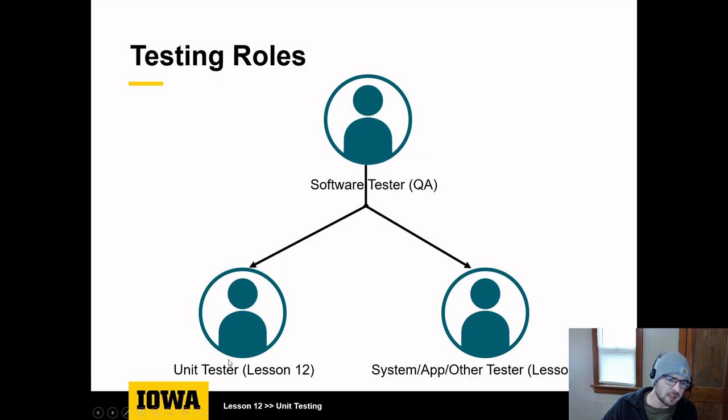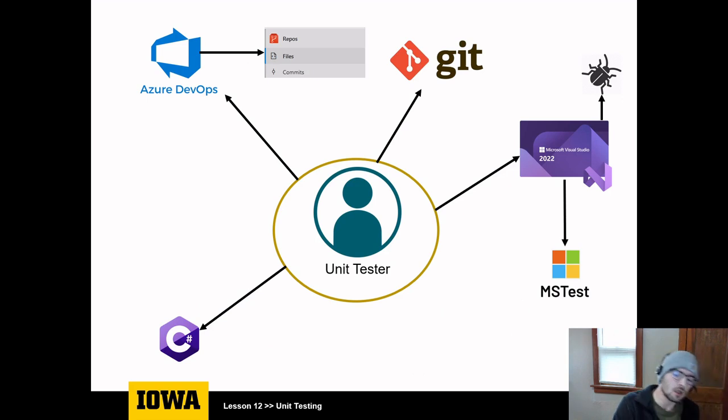So today we're going to talk about a unit tester, and then in lesson 13 we're just going to smash together a lot of other forms of software testing. Okay, so from the perspective of our unit tester, the world is much simpler, right? I mean, a unit tester works directly with C# code to ensure that given pieces of code work as we expect them to work.